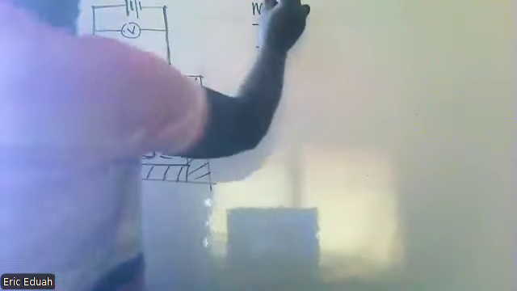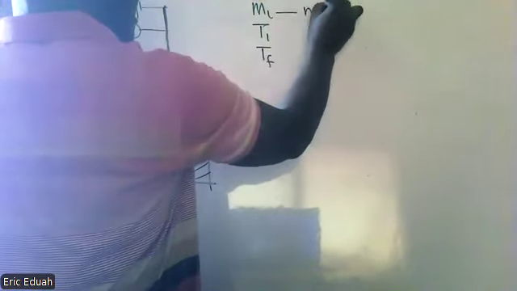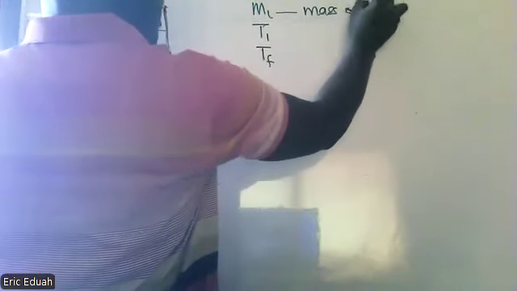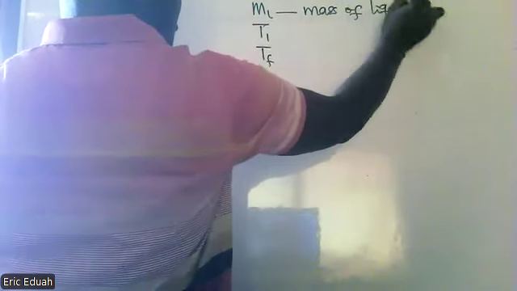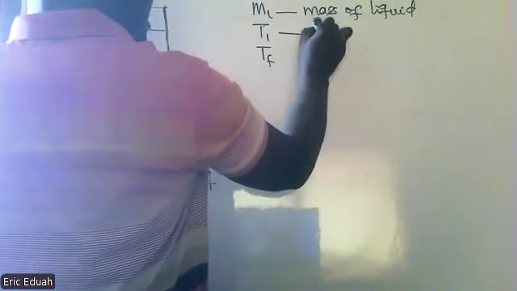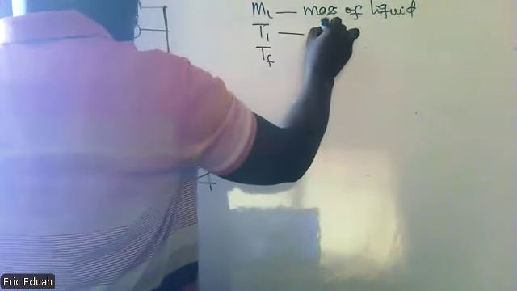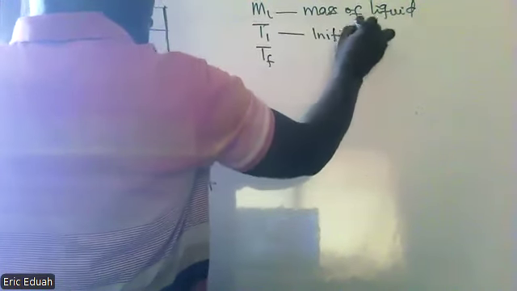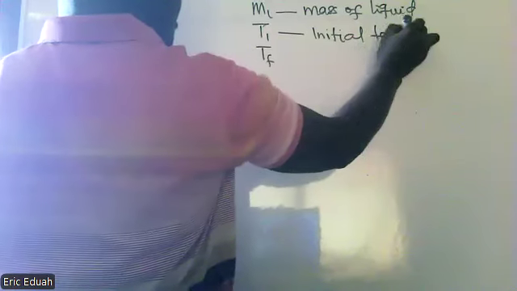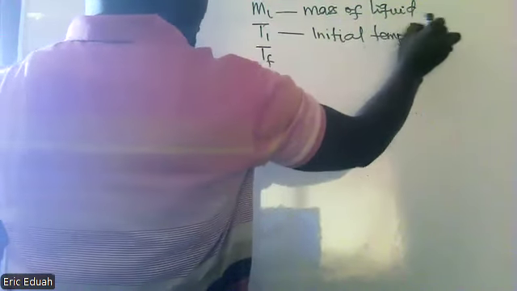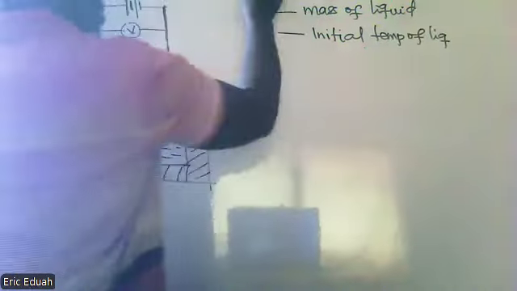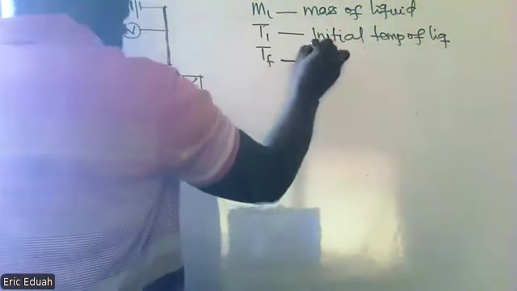So this represents the mass of liquid, the initial temperature of liquid, and this is the final temperature.